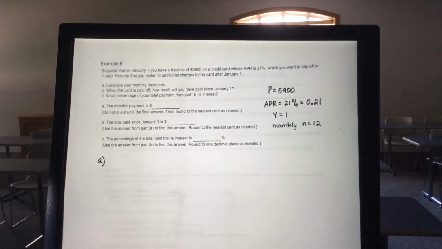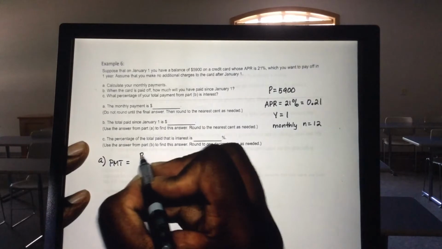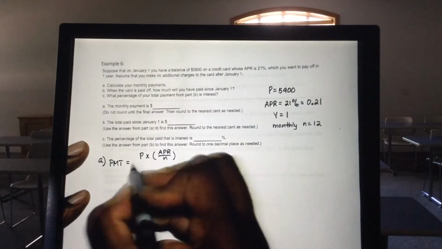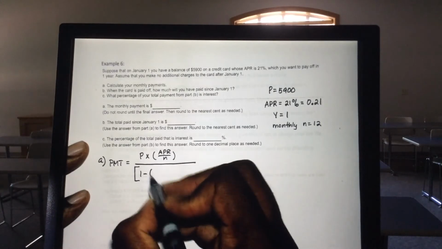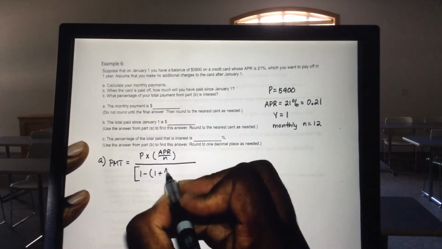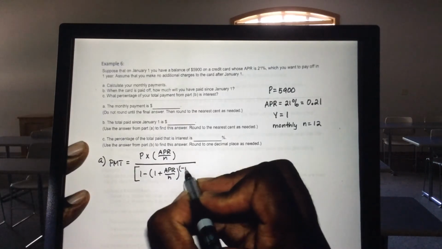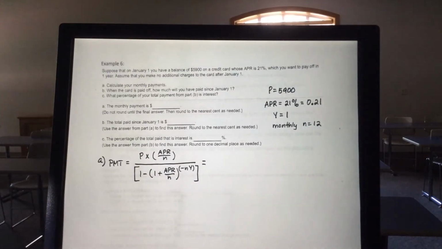So in Part A, we're going to find that monthly payment using this formula. PMT is equal to P times the quantity APR divided by N, that's going to be divided by 1 minus, in parentheses, 1 plus the APR divided by N, raised to the negative N times Y. Okay, now let's substitute into this formula.